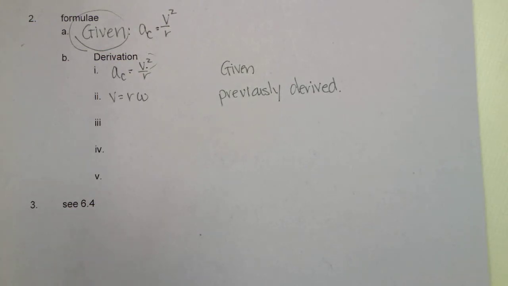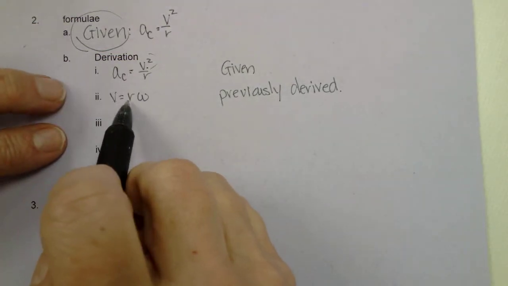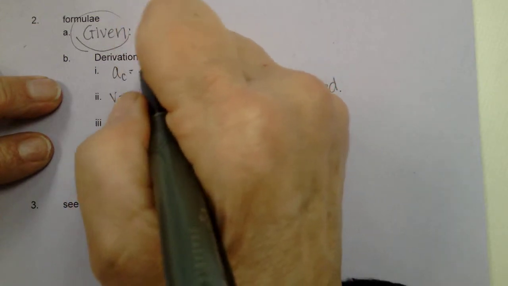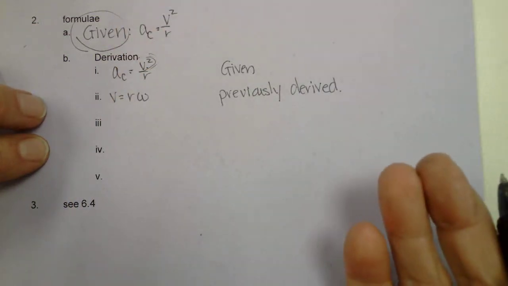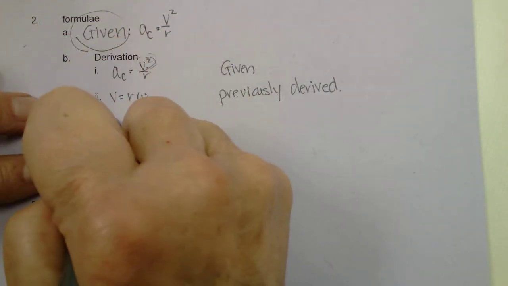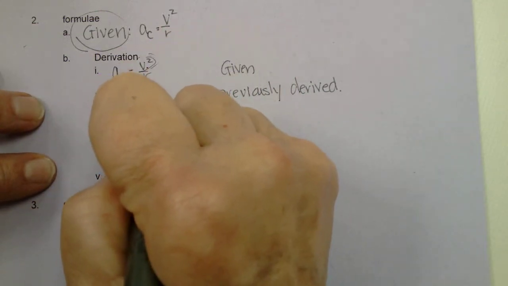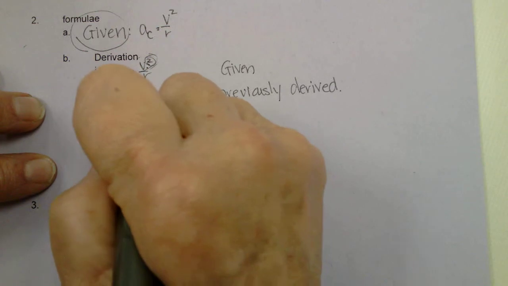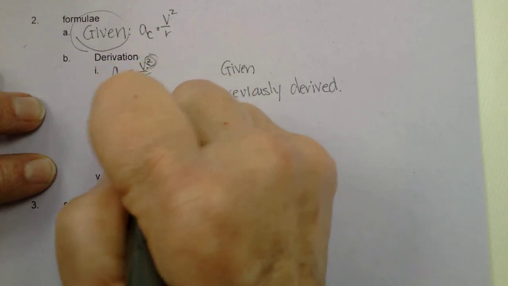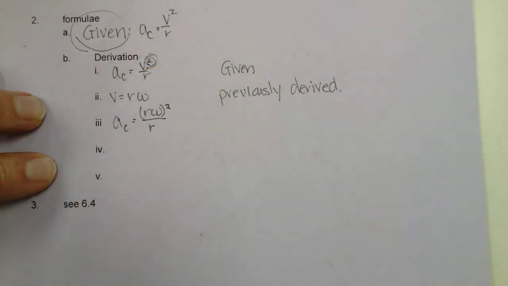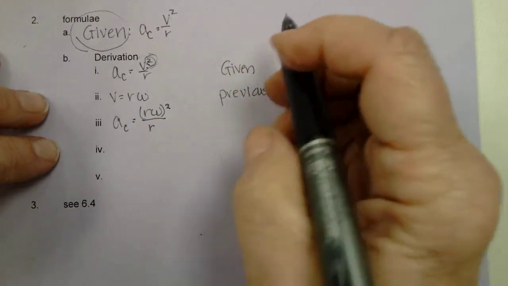All right, now I know that v is equal to r omega, so in place of v, I'm just going to put r omega. a sub c is equal to r omega, but notice that v is squared. So it's going to have to be r omega squared all over r. Oh, wow, you see where this is going.